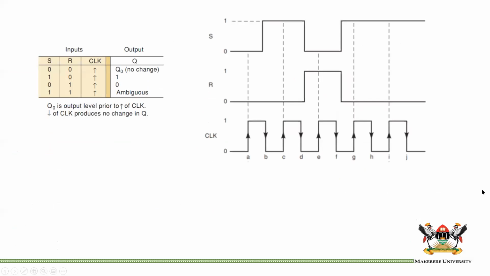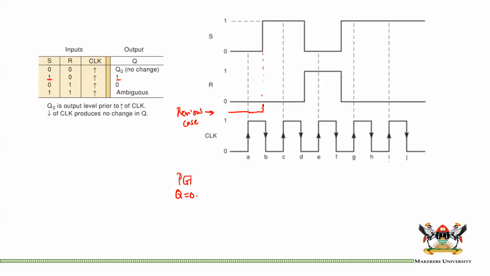So let us assume that we have a PGT and we've been told that Q is initially 0. Let us first do this based on the previous case when we didn't have a clock, which was asynchronous. In the previous case, if we had Q equal to 0, it would remain 0 until S equal to 1. The moment S goes to 1, we set, because when S is 1 and R is 0, we set.